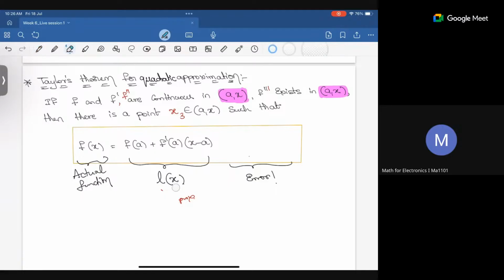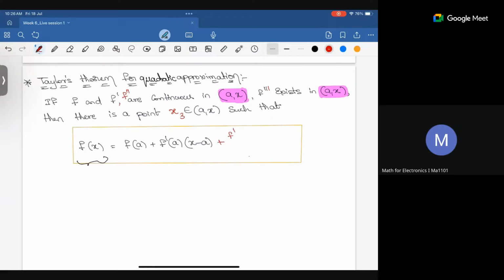We'll have f double prime of a divided by 2 factorial times x minus a whole squared, because I know f double prime of a now, in addition to f prime and f. So once I know it, I will add that also for better approximation.